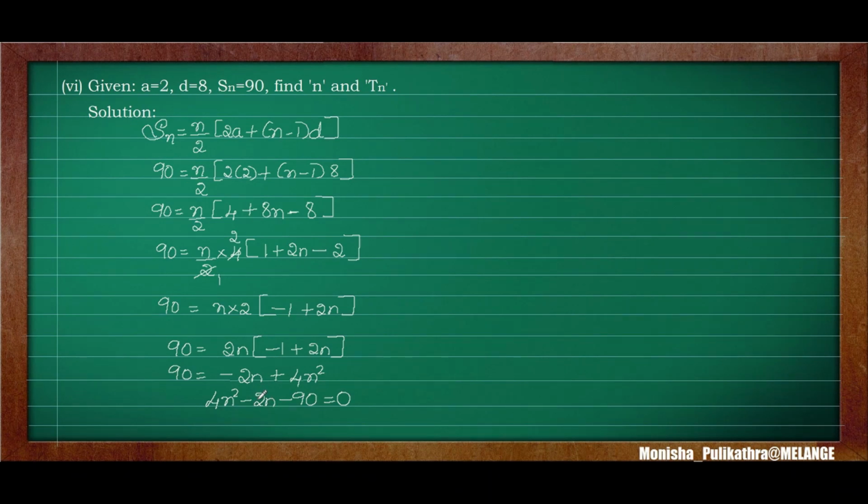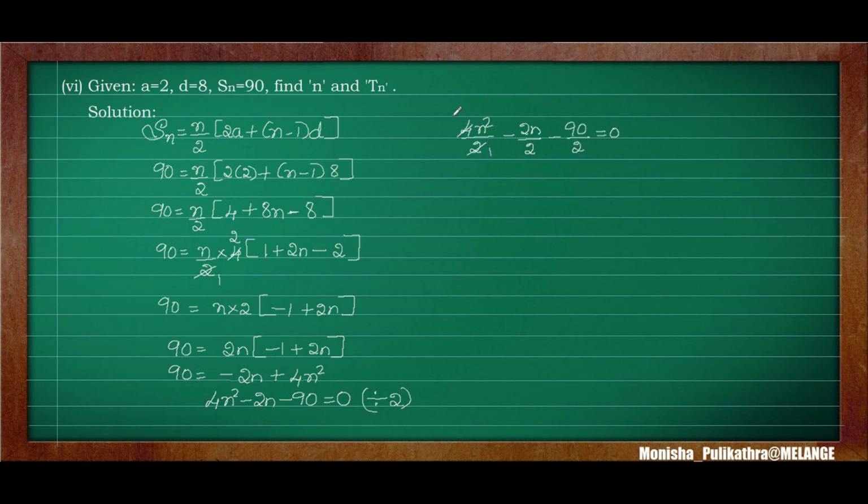That is 2. All the 3 numbers are divisible by 2. So divide throughout by 2. So when we divide it, we will get 4n square divided by 2 minus 2n divided by 2 minus 90 divided by 2 is equal to 0.